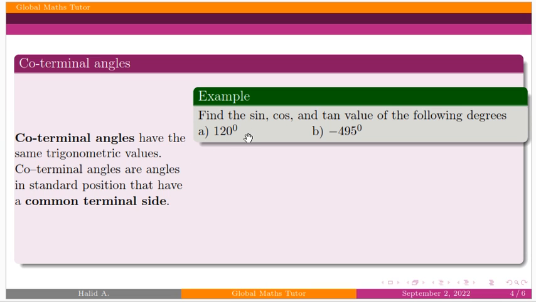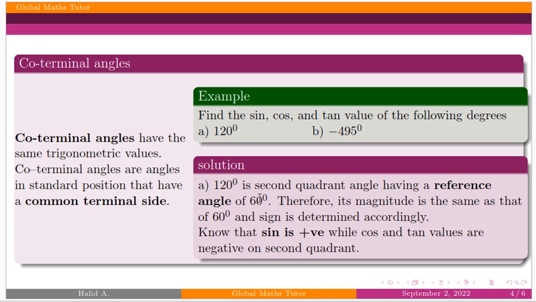In quadrant 2, we know from All Students Take Coffee that sine is positive and cos and tan are negative, and then we find its reference angle. The reference angle for 120 degrees is simply 60 degrees, because it passes 90 degrees by 30, so the angle it makes with the negative x-axis is 60 degrees.